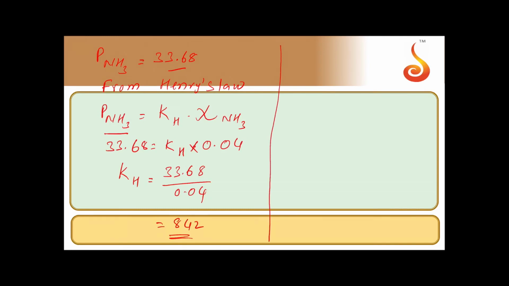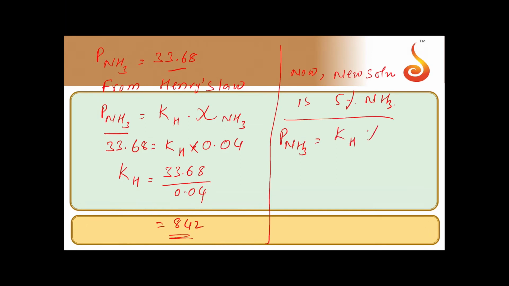Now the new solution is 5% ammonia. So now we can find the ammonia vapor pressure. The mole fraction has changed.